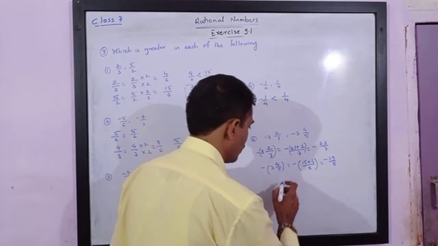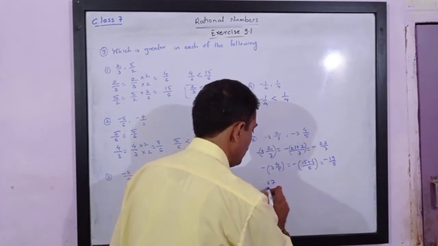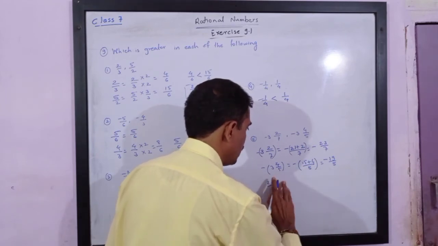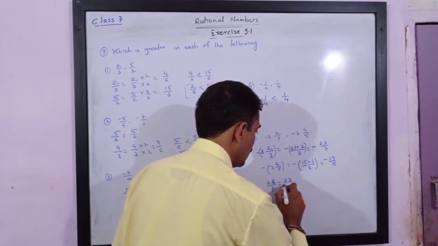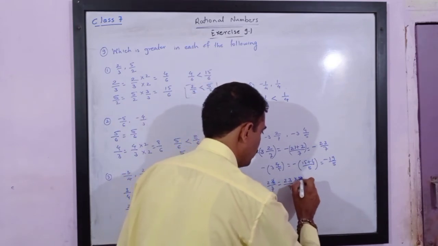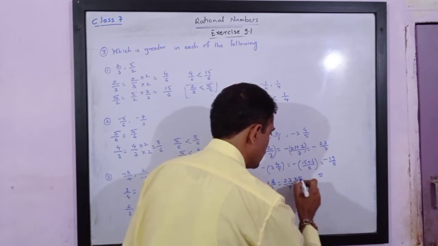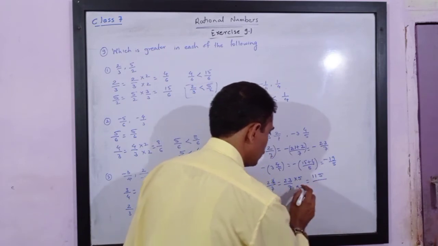Both are negative fractions, so we compare 23 upon 7 and 19 upon 5 first. So 23 upon 7 is equal to 23 upon 7 multiplied by 5. 3 5s are 15, 1 carries, 5 2s are 10, plus 1 11.